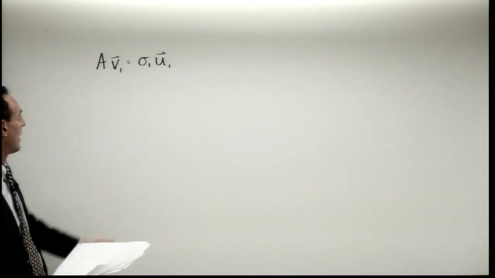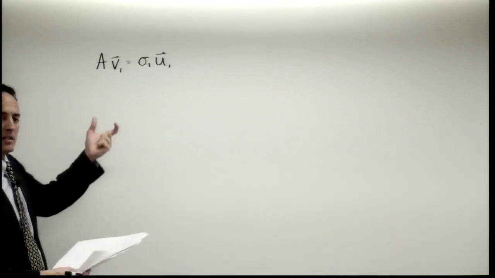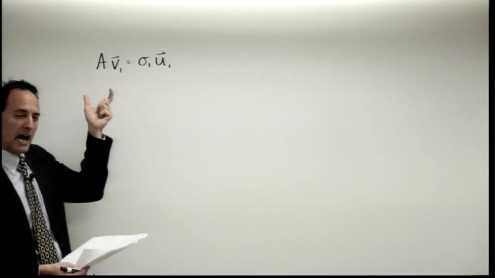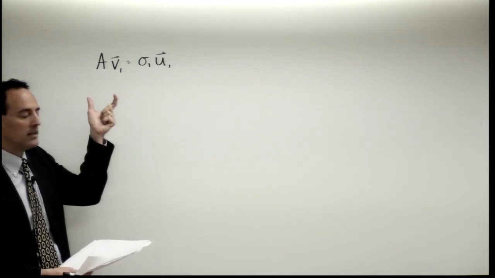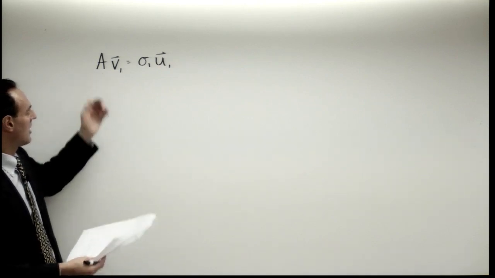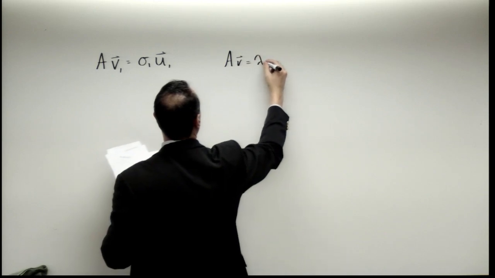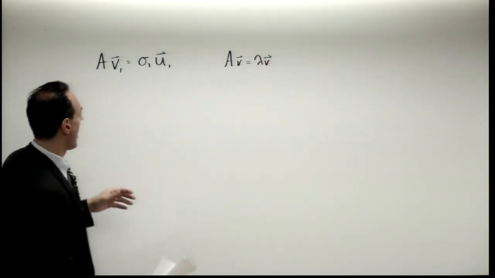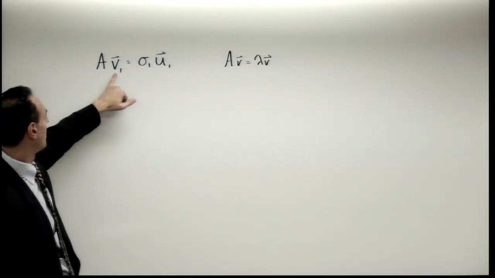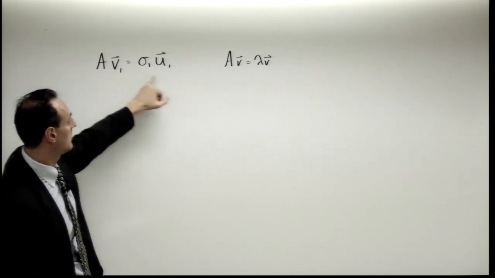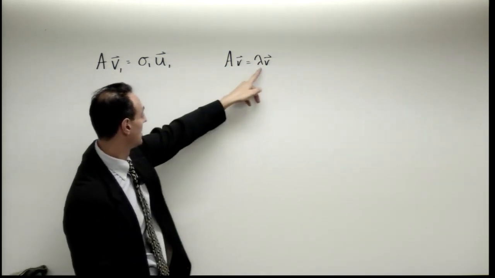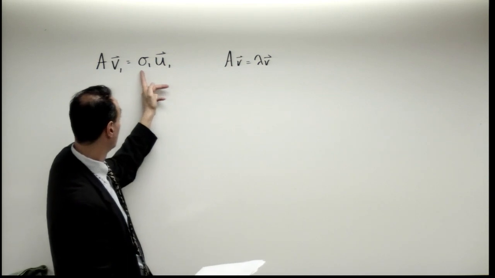Now, the first thing I want to point out about this is, doesn't that look a little bit like an eigenvalue problem? Usually the eigenvalue problem is written down like this. So you have a lot of the same elements. You have a matrix A, you have a vector, equal to some constant. In this case, the constant would be lambda, would be sigma 1.